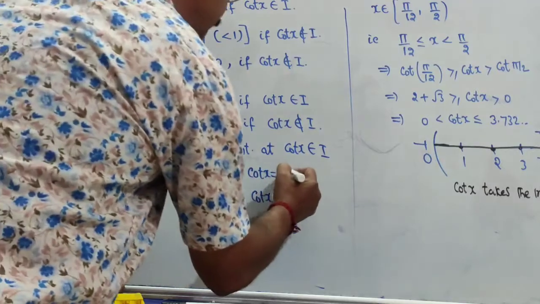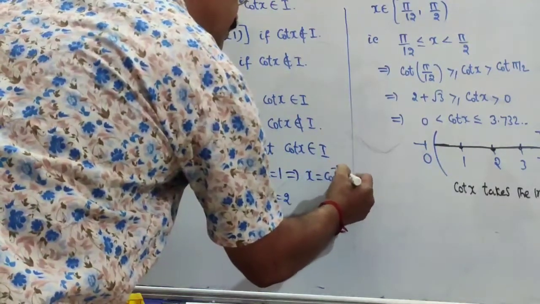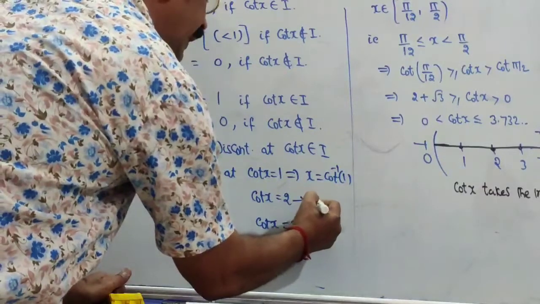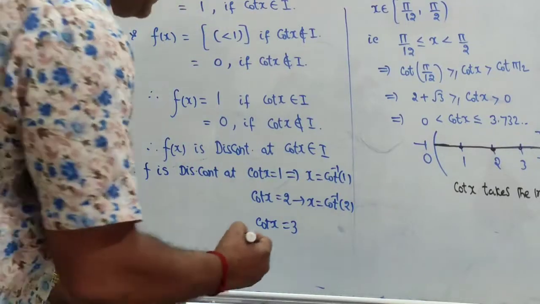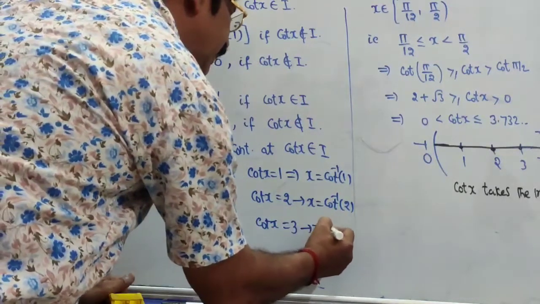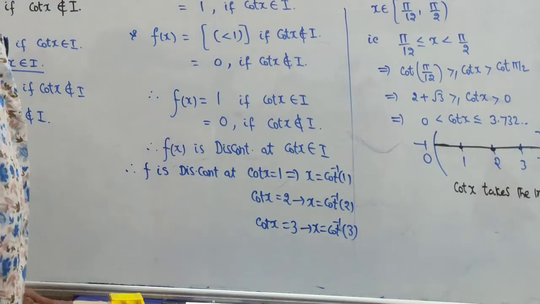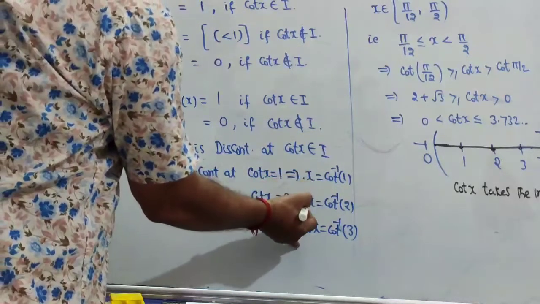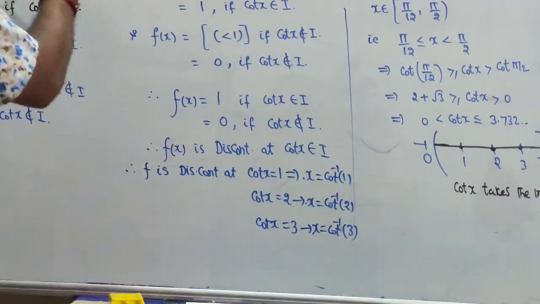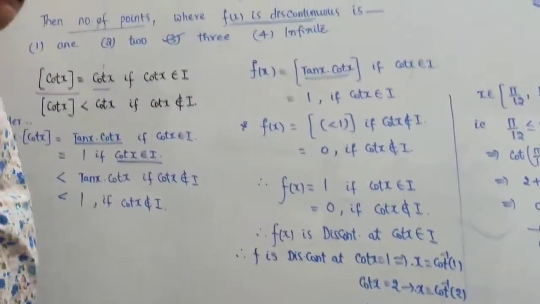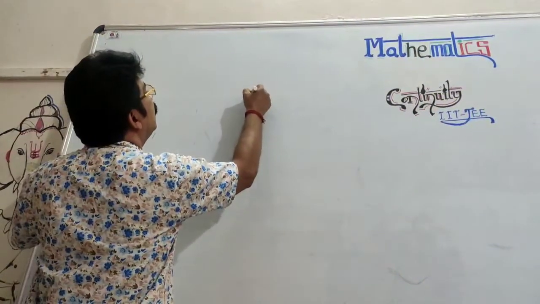That implies x equal to cot inverse of 1, x equal to cot inverse of 2, x equal to cot inverse of 3. Understand? So how many values are there? 1, 2, 3 in this interval. So therefore at 3 points it is discontinuous. Hence the problem. Topic important, small topic.